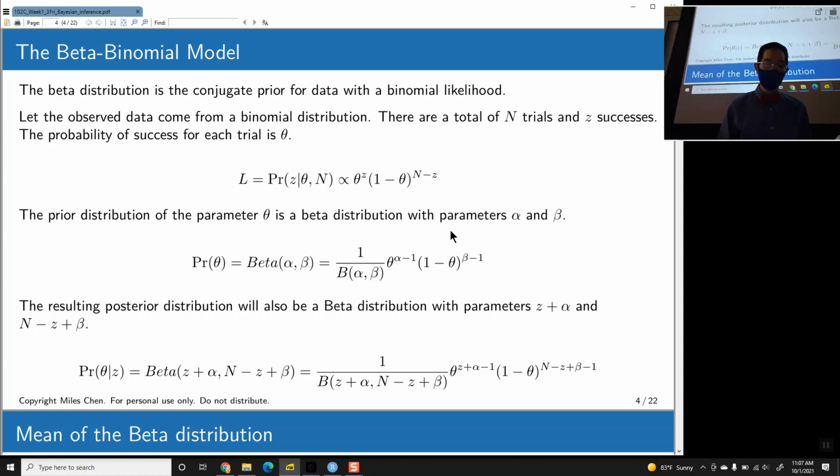Let's say our data comes from the binomial distribution. You have a total of n trials, and out of n trials, you have z successes.